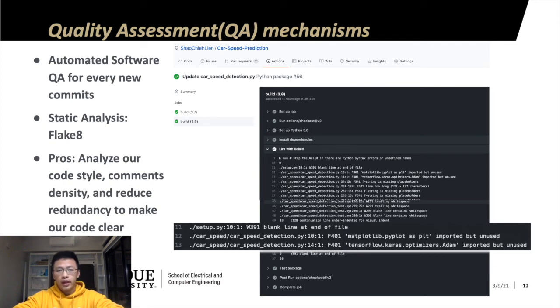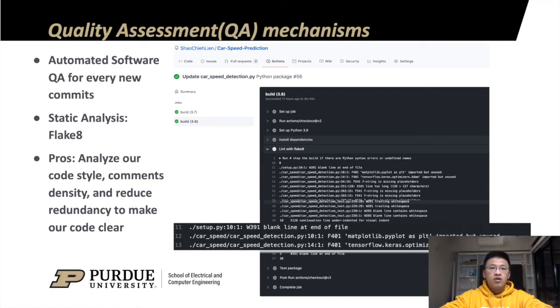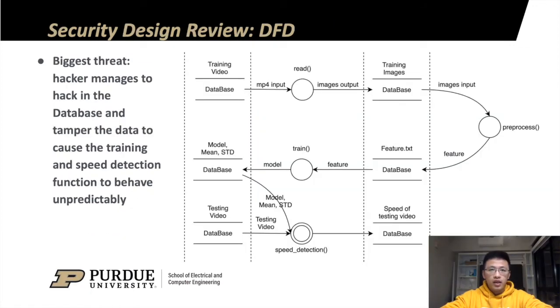For our security design, we plot the data flow diagram first to figure out the loopholes that a hacker may use to sabotage our library. As can be seen from the data flow diagram, most of our functions need to get the data from the database in order to read, train, or detect the speed of the car.